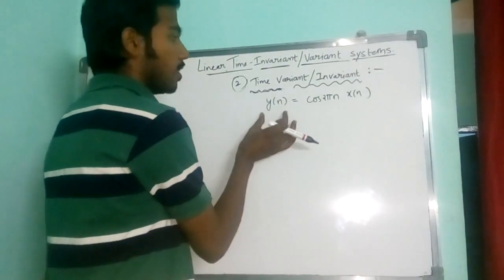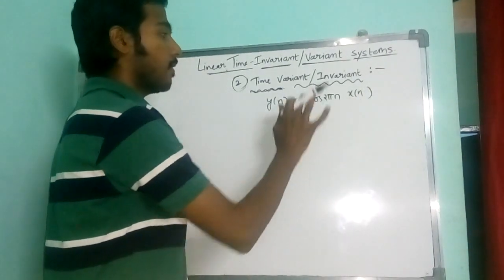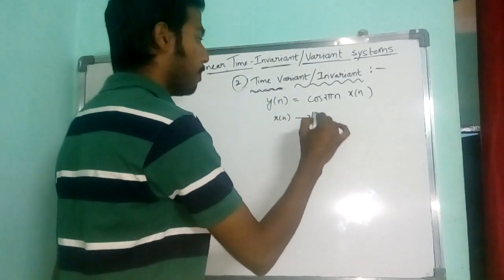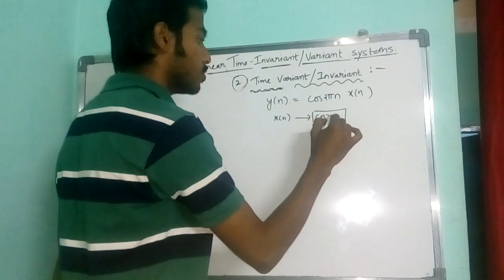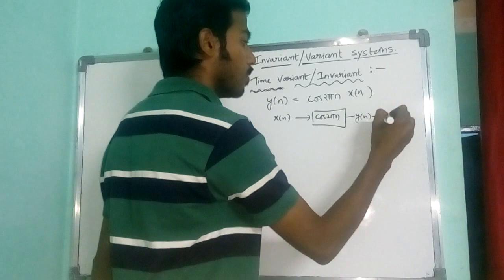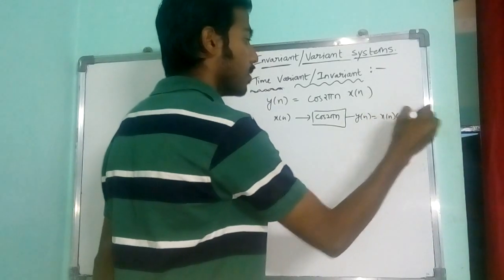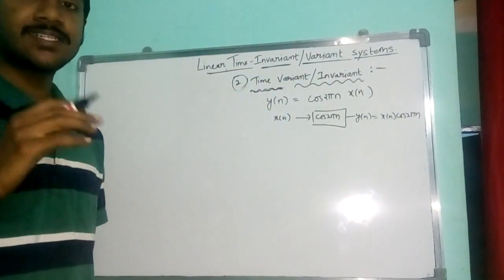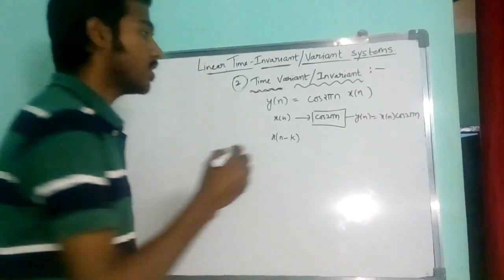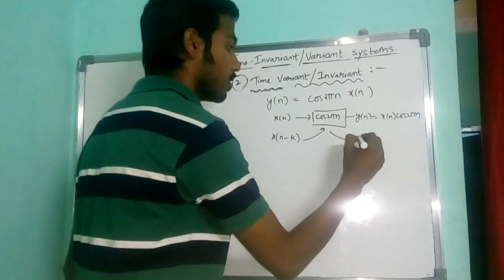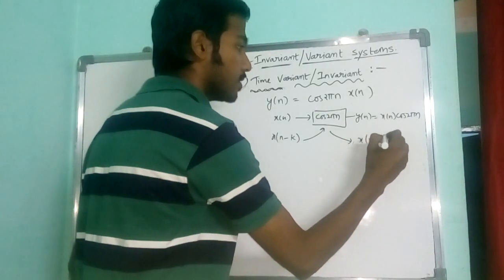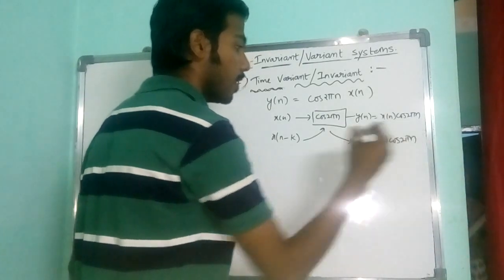In this expression, the only operation is multiplying cos 2 pi n with x of n to get y of n equal to x of n cos 2 pi n. Now I will shift the signal by k time units, then it becomes x of n minus k cos 2 pi n.